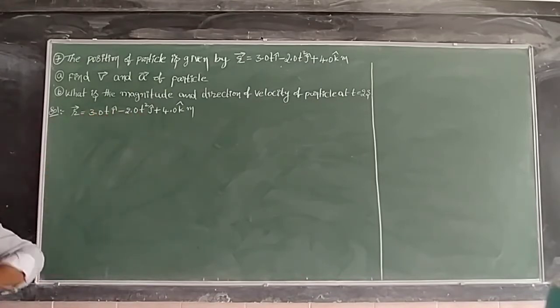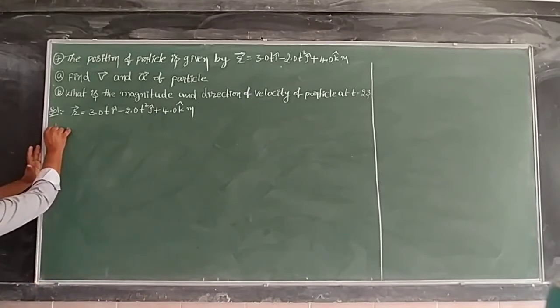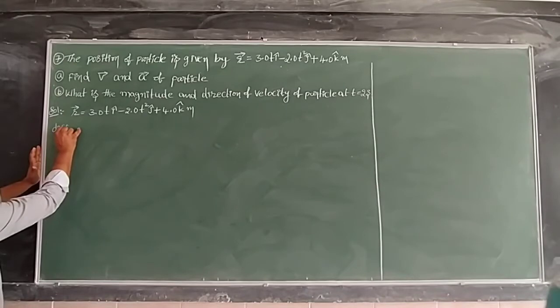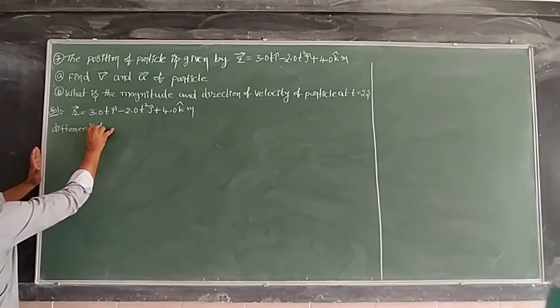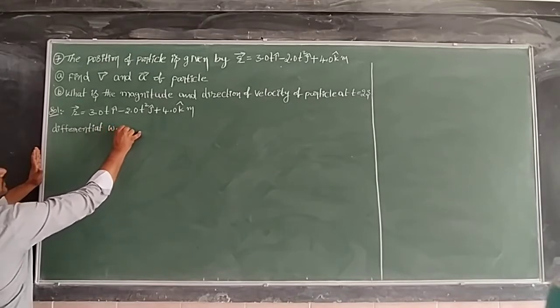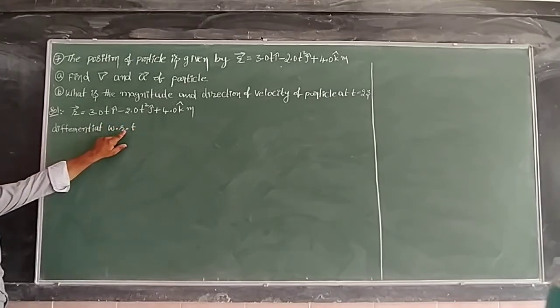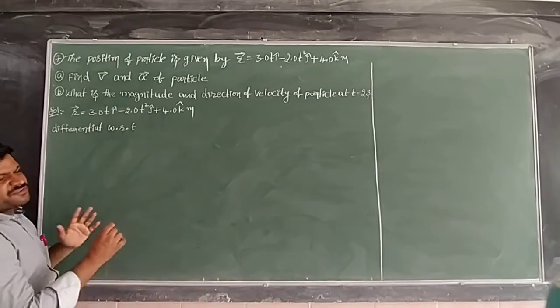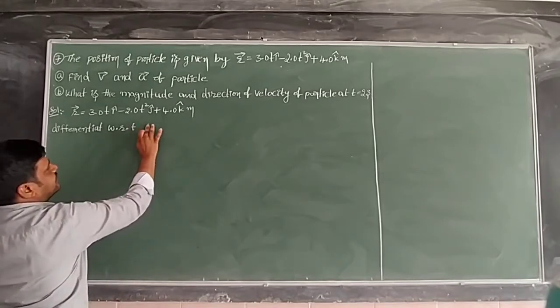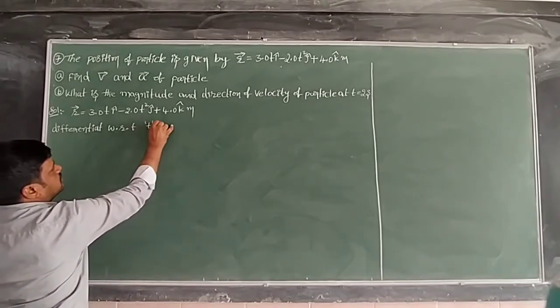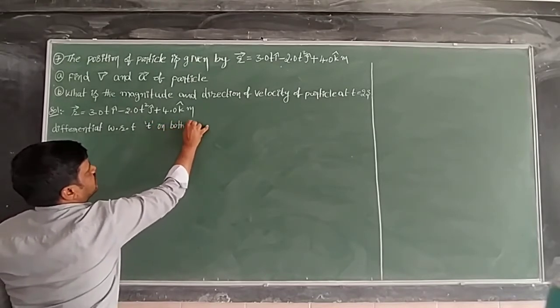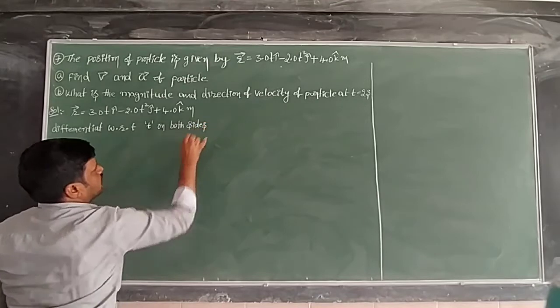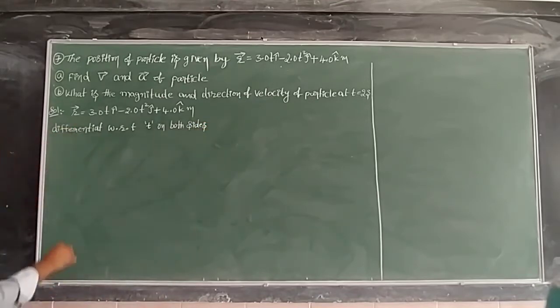Now we have to find the velocity, and thereafter the acceleration. To find the velocity, differentiate with respect to t on both sides.